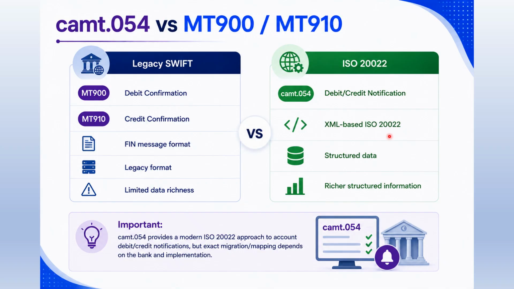ISO 20022 can carry richer and more structured information, which can support automation and reconciliation. However, the exact migration mapping between legacy messages and ISO 20022 depends on the bank, market practice, and implementation. So we should not assume that every MT field maps one-to-one to a Camt.054 field.